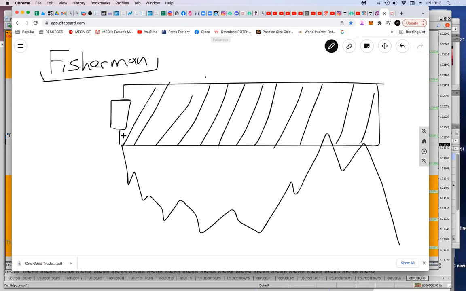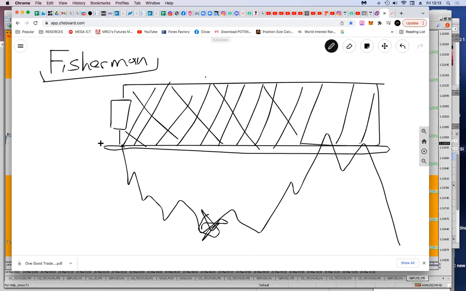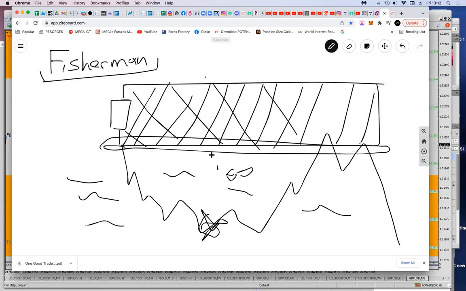Does that make sense, guys? So this is the net of the fisherman. And when price is down here, what's this? This is the sea level, and this is below water under here. So you've got a little fish, and this is a fisherman fishing with his net.